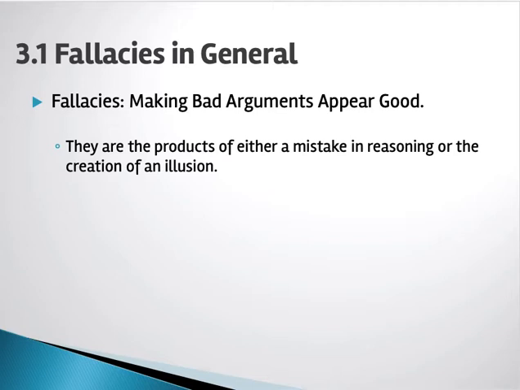And while they may have some kind of persuasive aspect to it, they are not logically or rationally good arguments. They can be either a product of an honest mistake that an arguer makes, or they could be intentionally a strategy to persuade people to believe something.